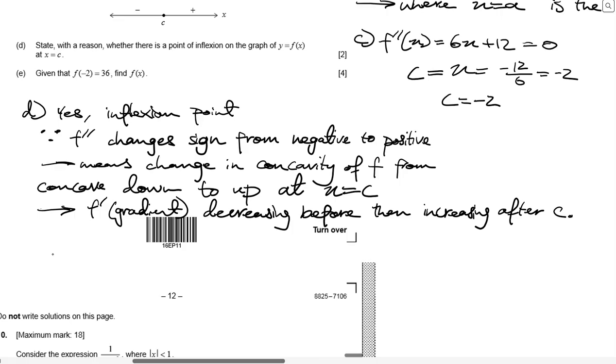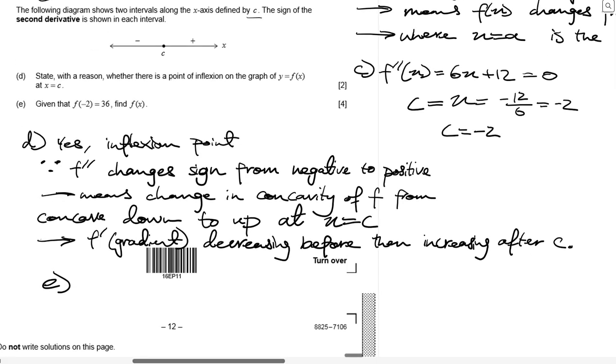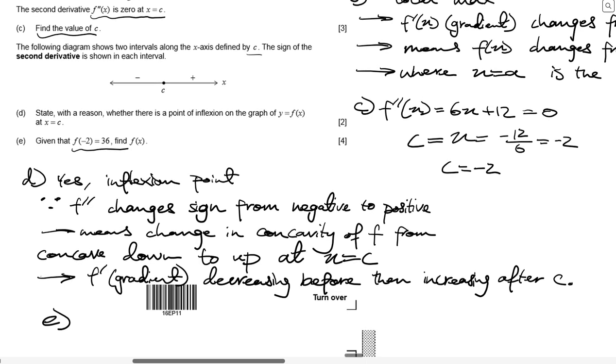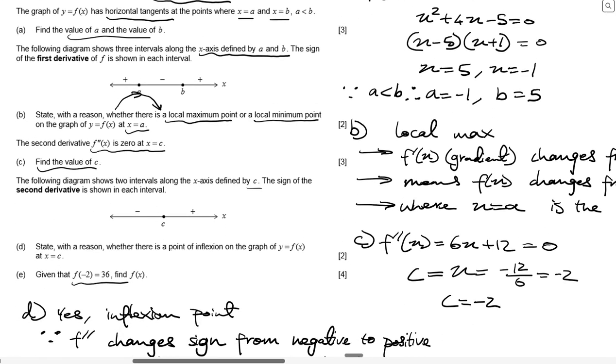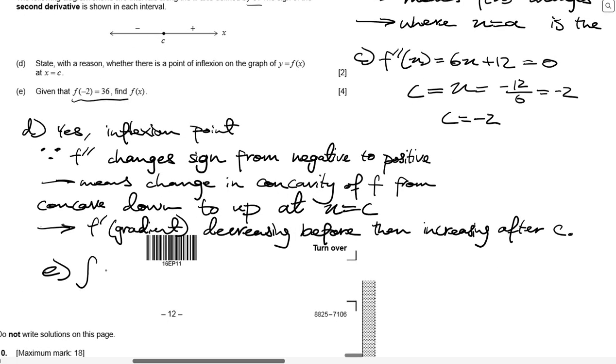Now, part E: given that f of negative 2 is equal to 36, find f of x. Okay, so we just have to do the integral. So the integral of f prime of x is equal to our f of x.